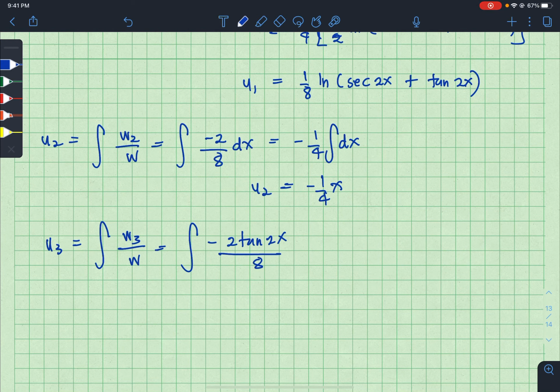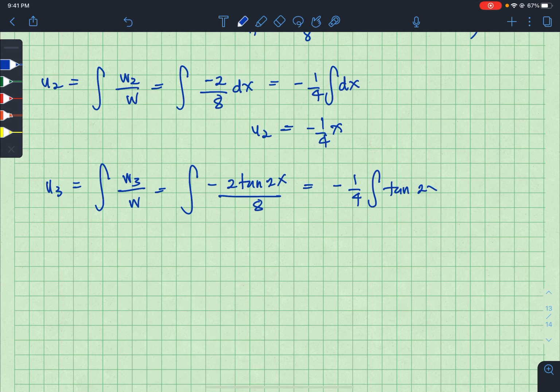That is negative 1/4 integral of tangent 2x. Tangent is sine over cosine, so we'll have ln of cosine 2x.